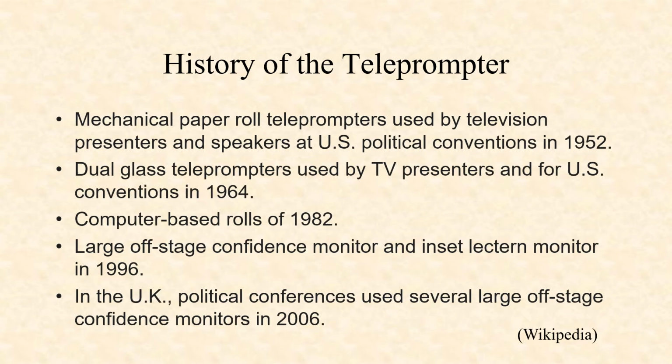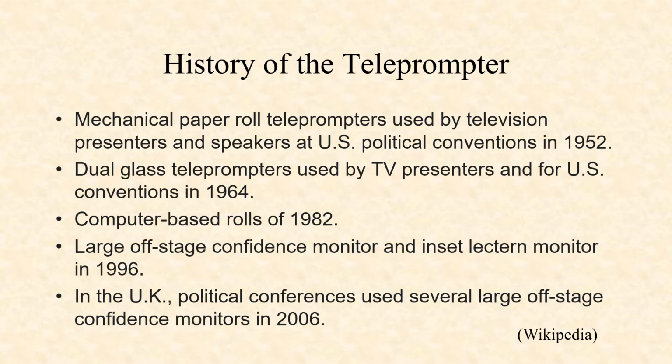Other than the theater or television, most of us have experienced the teleprompter in the political world. So, for example, in the 1950s, mechanical paper roll teleprompters were used by people on TV and by speakers at political conventions in the United States.